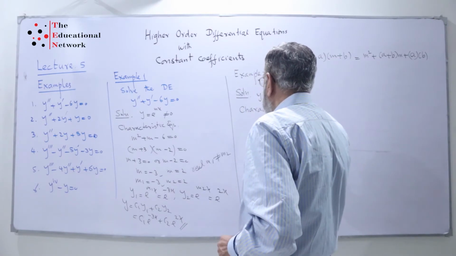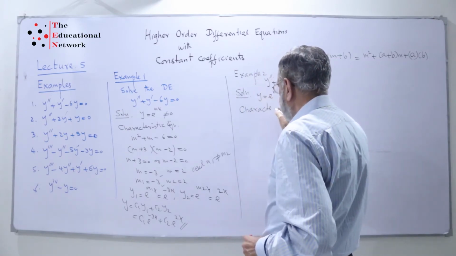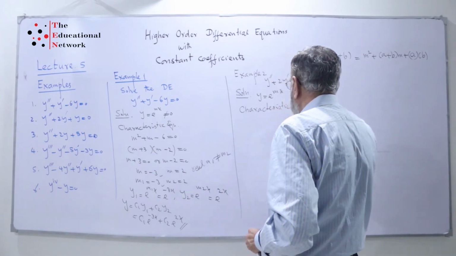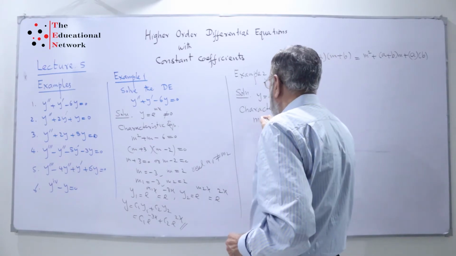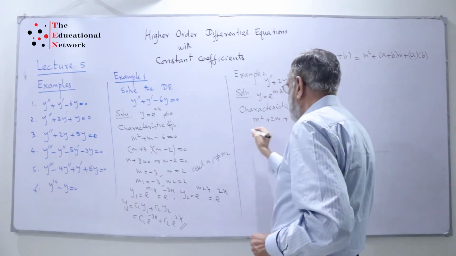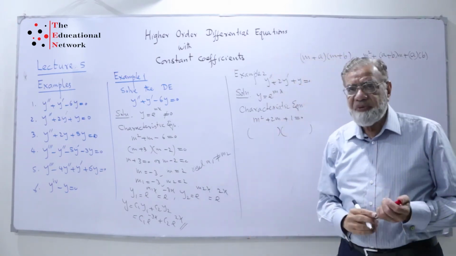The characteristic equation for this one is m square plus 2m plus 1 equal to 0. Factorize this one. We get two factors: when we multiply, we get 1, and when we add, we get 2.